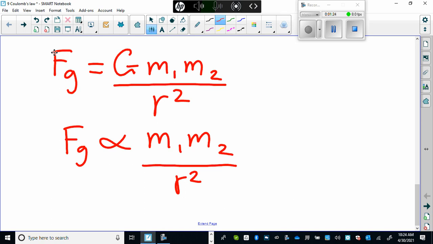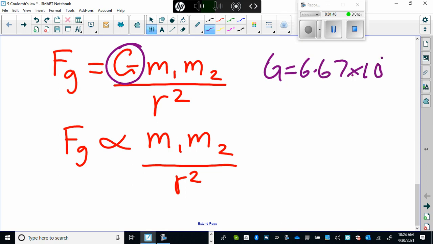So that's what Newton came up with. He wasn't able to figure out this value here, G. Along came Henry Cavendish, and he calculated the value of G, which equals, on your formula sheet, 6.67 times 10 to the negative 11. And the units are newton meters squared per kilogram squared.